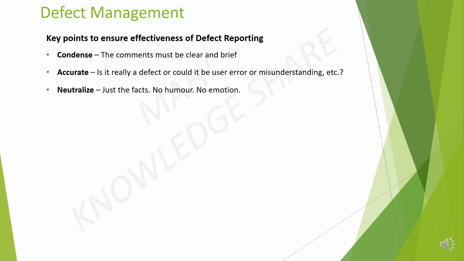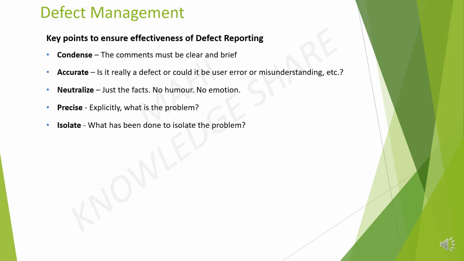The report should mention just the facts, no humor or emotion. Precise. Report the details specific to the defect, that is, explicitly what is the problem. Isolate. What has been done to isolate the problem that was raised in the report. Generalize. What has been done to understand how general the problem is.